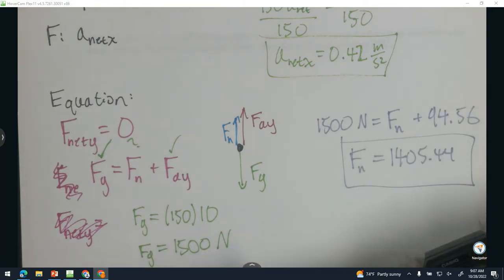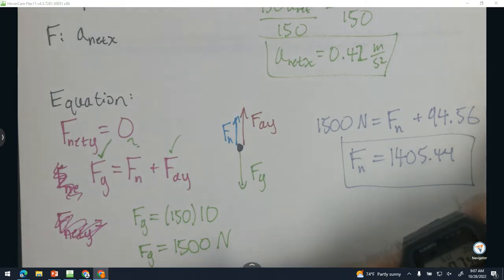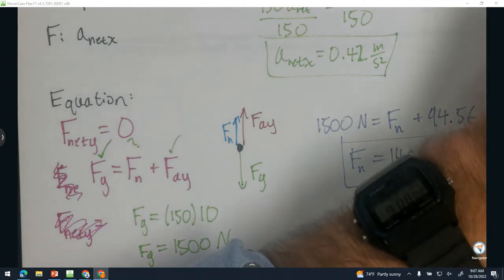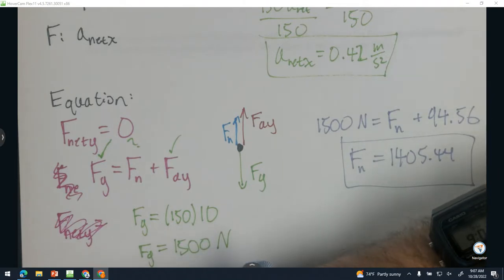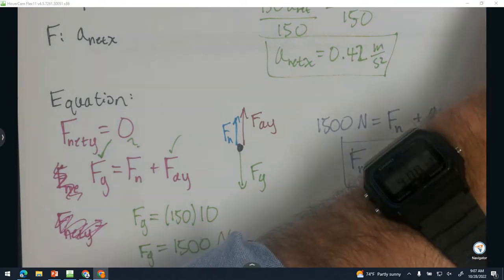Mm-hmm. And I understand kind of what you would think this is. You are converting it to a kilogram, right? Yeah. But Newton already uses kilograms. Oh, okay. A Newton is a kilogram meter per second squared.